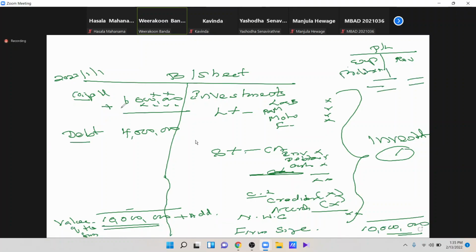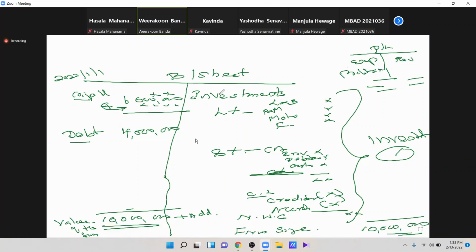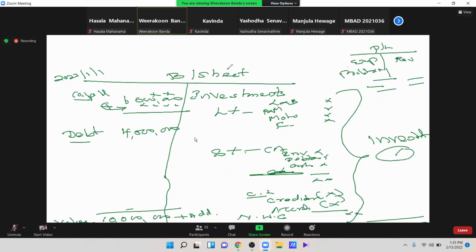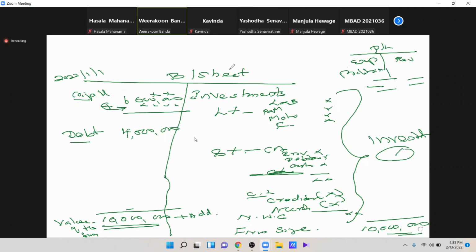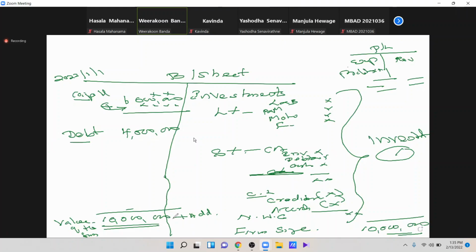This profit we can carry forward to here, and then you can add it to this capital. We don't withdraw that profit for your own usage. You can carry it forward for the next year's activities and investment. So every time you observe there's a value increase here.